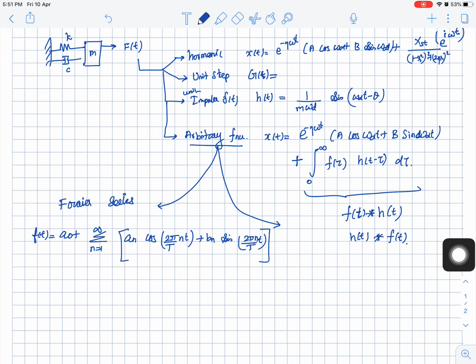So this is one form of Fourier series. There is another form, the complex exponential form, and I will write the direct formula for this, so you can refer to a mathematics book.